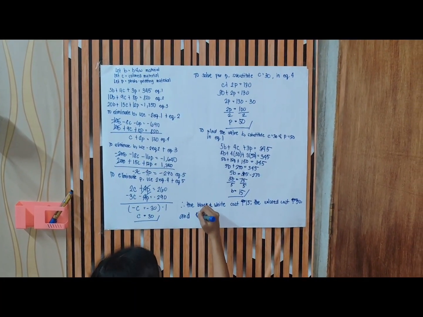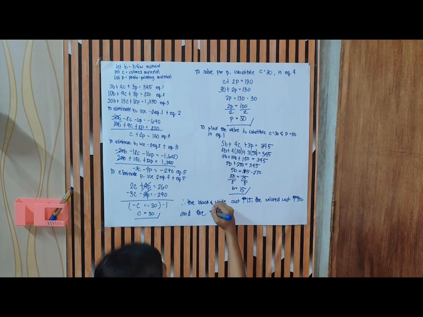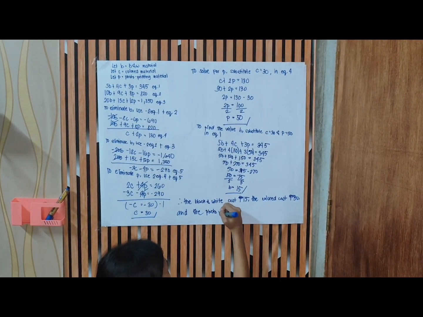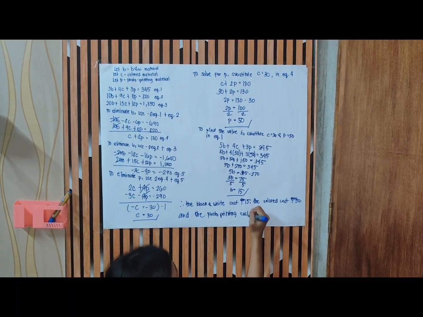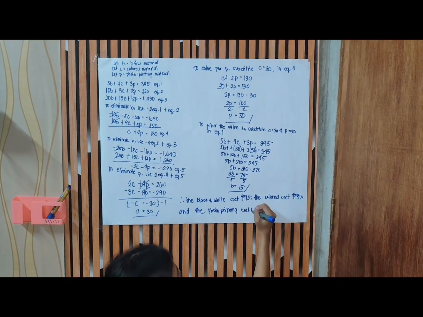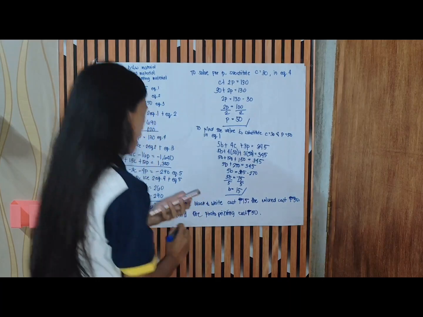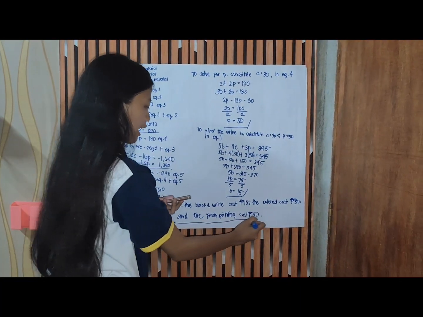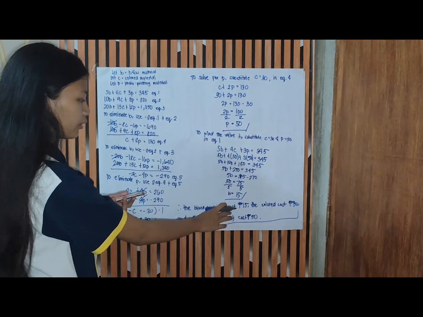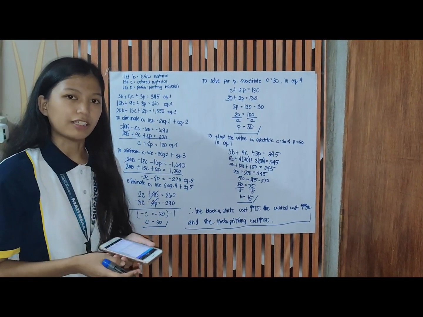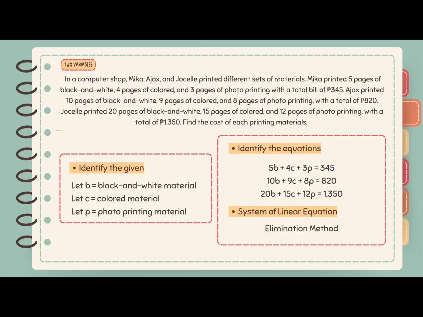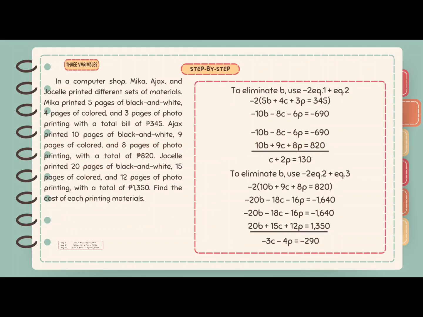And the photo printing costs 50 pesos. So this is our final answer and our final conclusion. So I included the pesos since we are looking for the cost of each material. For you to further analyze the solution and the process, you can refer to these images.